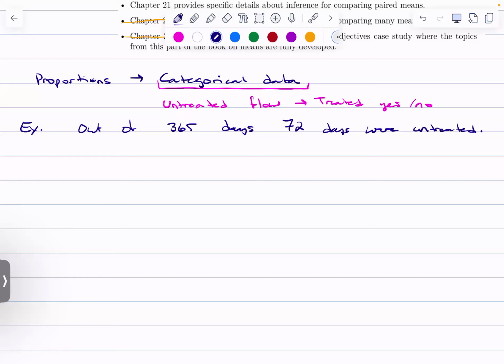Okay. Now I need to do a little bit of sleuthing to find what that proportion is. 72 over 365 is 19.726%. Now let's say we're concerned if it's more than 15% in this rival city.